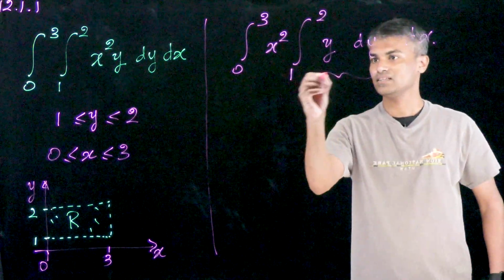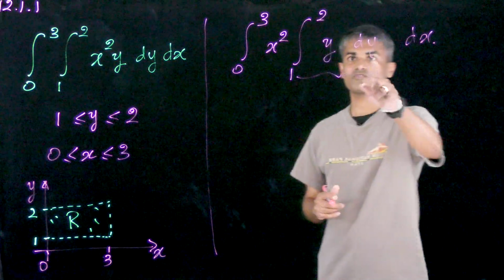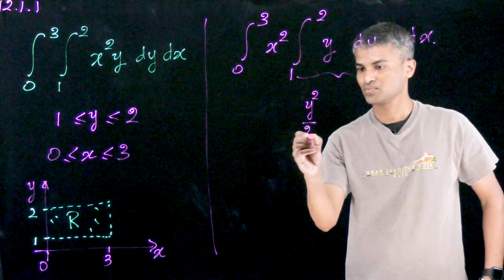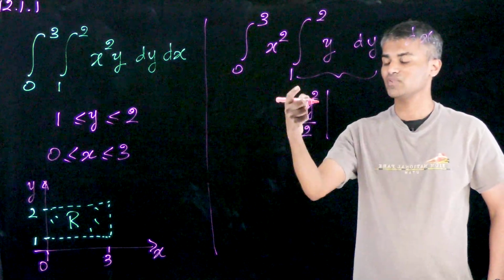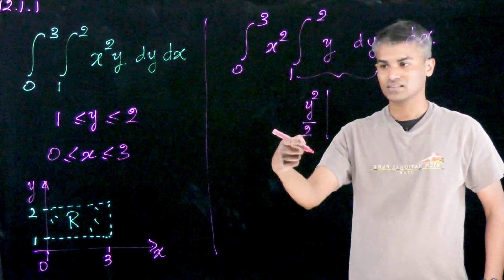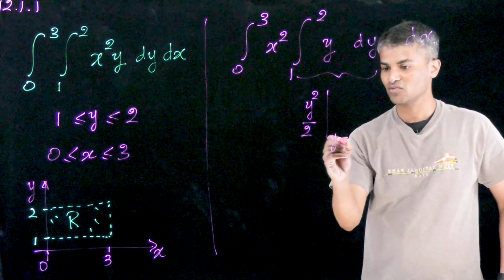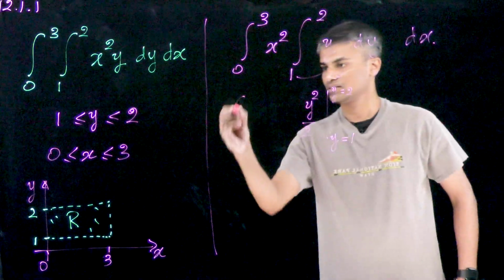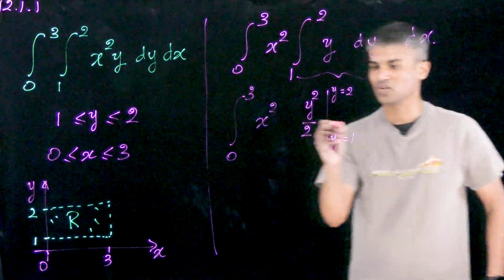So this is my inner integral, and integral of y with respect to the y variable is y squared over 2. Okay, now after the integration we have to evaluate this value at these two limits. My lower limit of y is 1, upper limit of y is 2. Still we have this integral that goes from 0 to 3 of x squared dx.